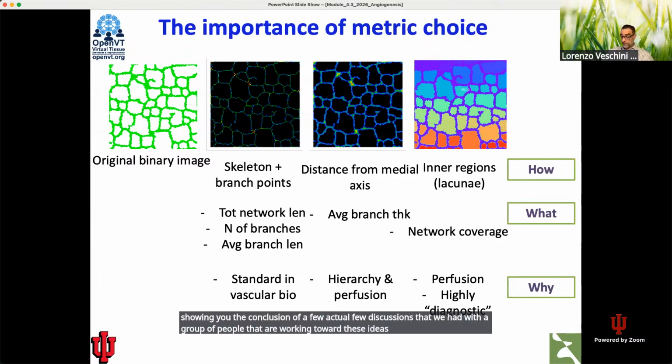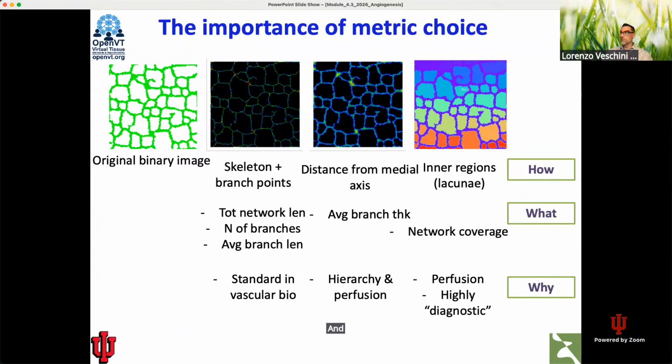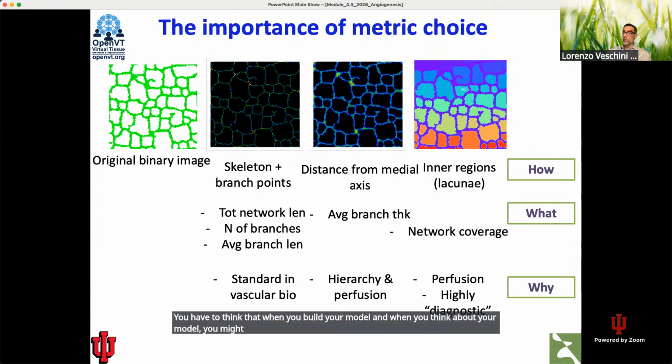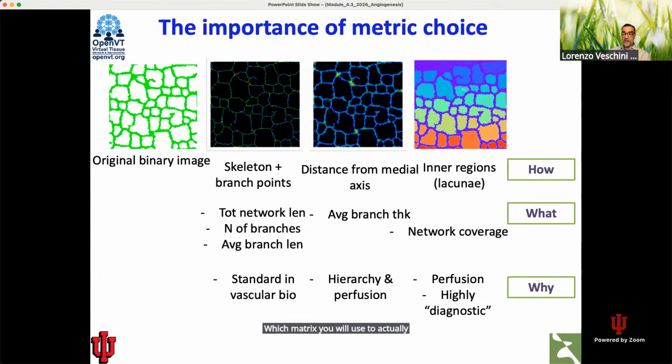And so you have to think that when you build your model and when you think about your model, you might want to know as early as possible which metrics you will use to appraise how valid, how faithful to the biology, or how comparable to others your model is. And so metrics are important for this.